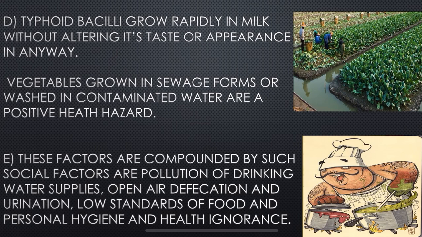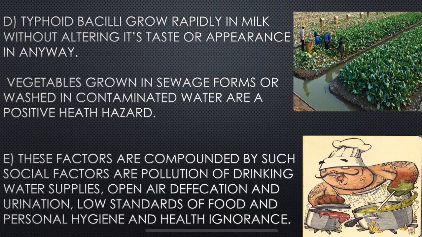These factors are compounded by social factors like the pollution of drinking water supplies and open air defecation. If the bacilli are found in the stools, flies sitting on the stools can transmit them to food, and there is also soil and water contamination because of the infected stool. So open defecation is one of the worst things, causing a positive health hazard in the community.